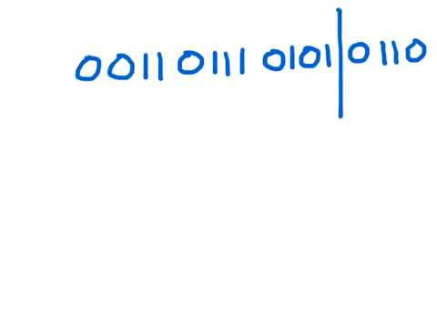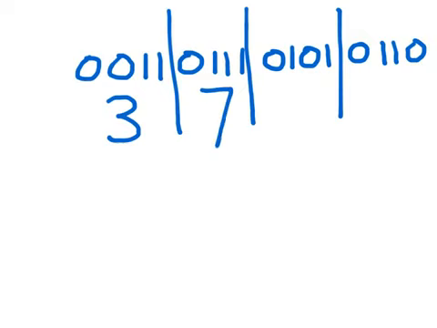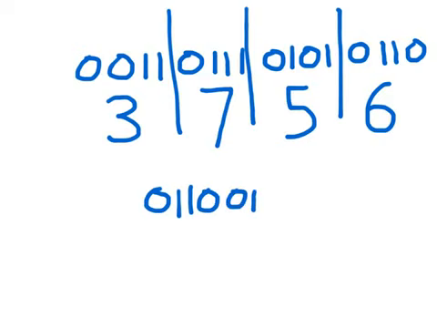All we have to do is, first of all, convert this number into hexadecimal. We know that's 3, we know that's 7, we know that's 5, and we know that's 6. Now remember, you can only convert 4 binary digits to hexadecimal, not to decimal. So if you have a binary number like this, for example, and you're trying to convert it to decimal, you can't cut it into 4 and say it's 67.